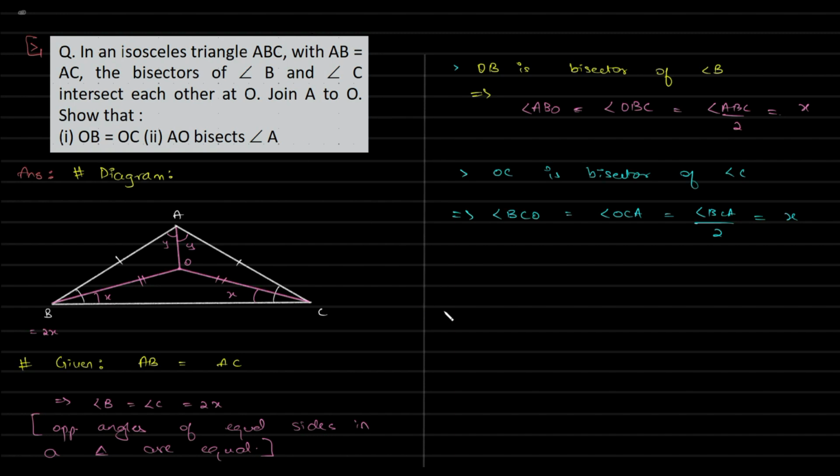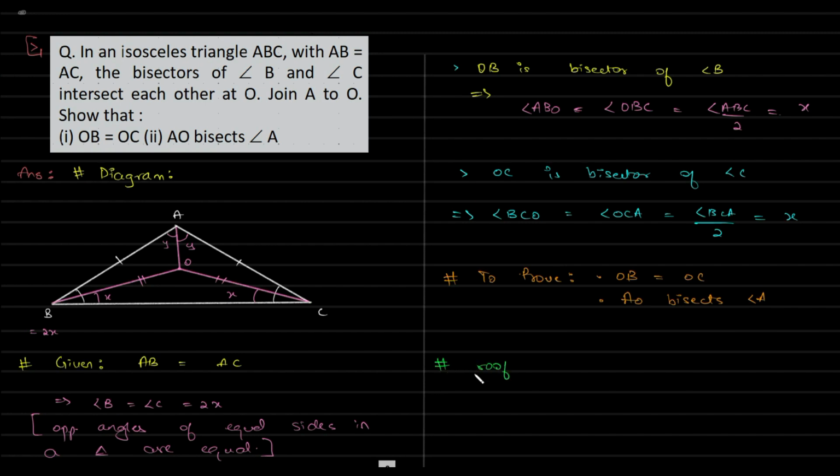Okay, so now we have the proof. Sorry, to prove, or to show: we need to prove that OB is equal to OC and AO bisects angle A. Now the proof.